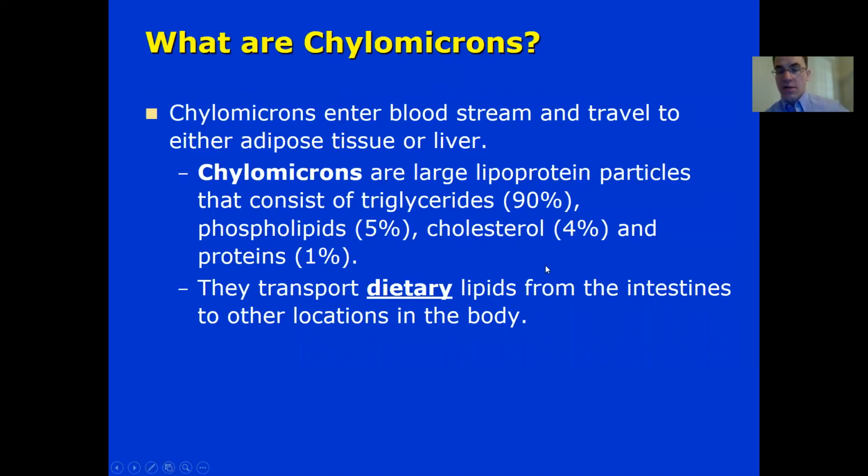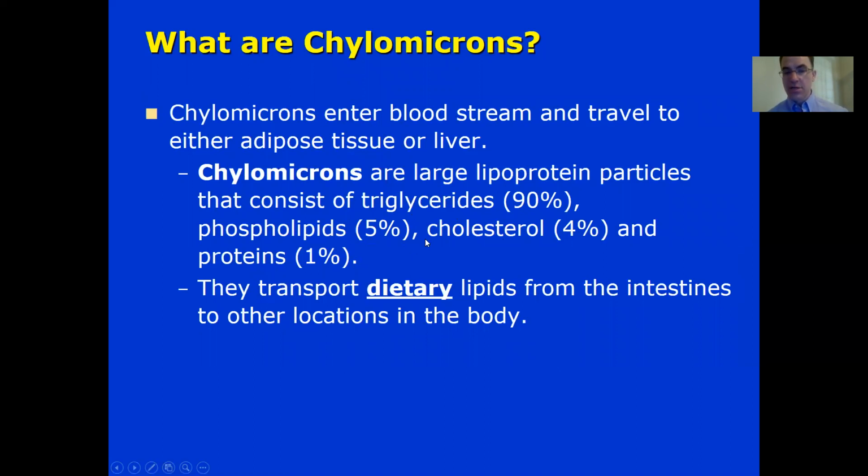Well, what are chylomicrons again? Just to review, chylomicrons enter the bloodstream through the thoracic duct, and they travel to either adipose tissue, the liver, the skeletal muscle, or the heart muscle that we talked about. The chylomicrons are made up of about 90% triglycerides, phospholipids about 5%, which make up the cell membrane, and then cholesterol about 4% and some proteins.